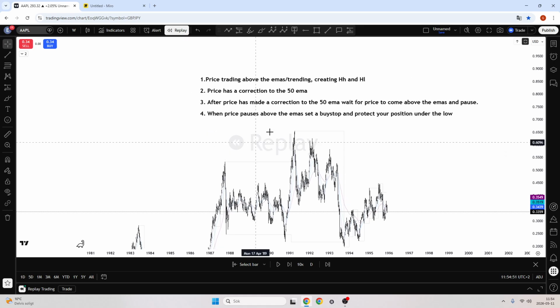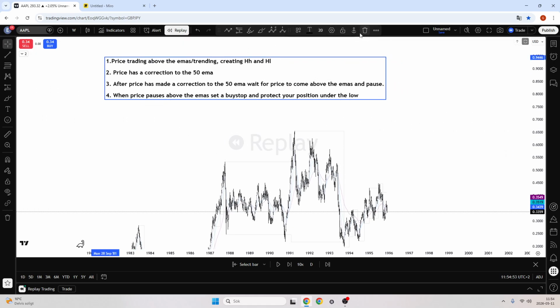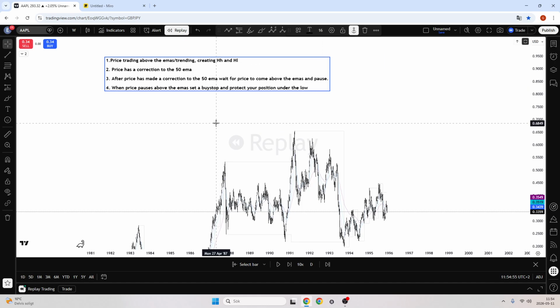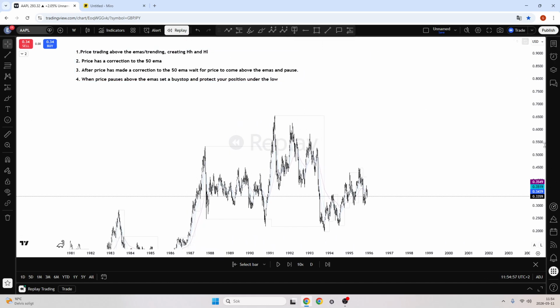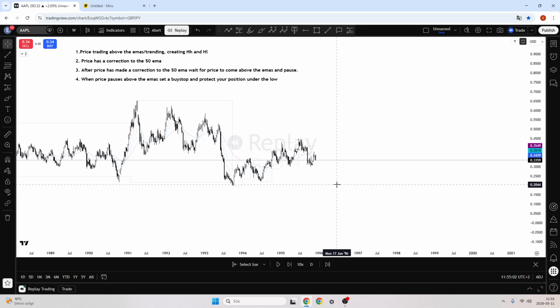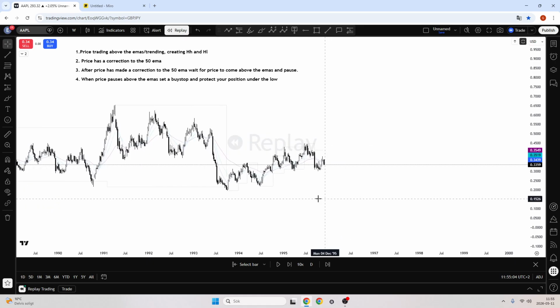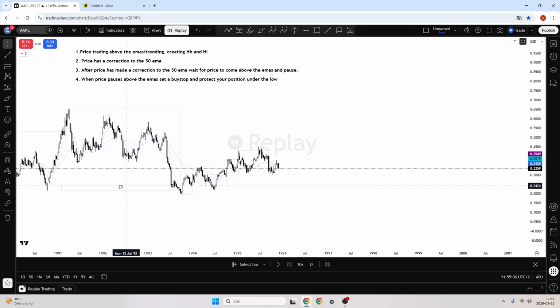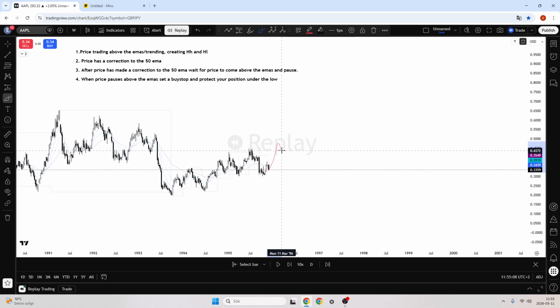So let's get started. This video is a backtest of that concept. So let's do like that. And as you guys can see right here, there is nothing for us to do. Price has basically moved sideways. And now we're waiting for a market that proves to us that money is coming in constantly.